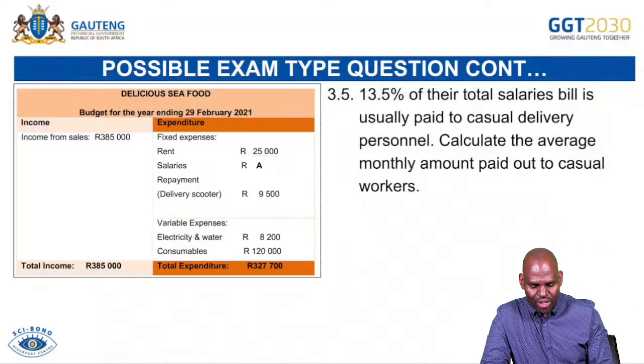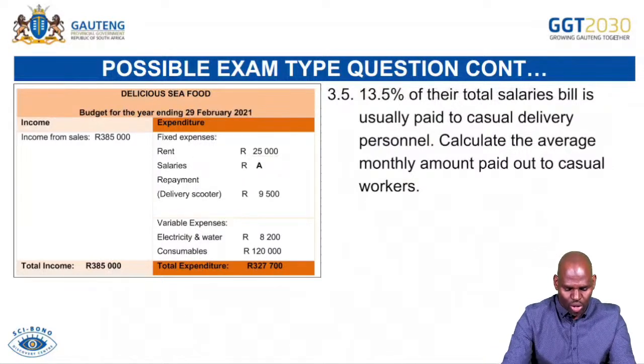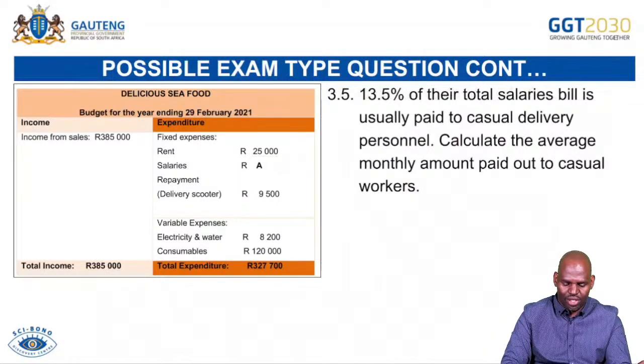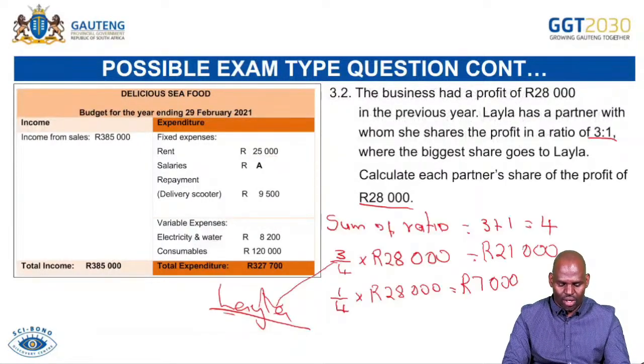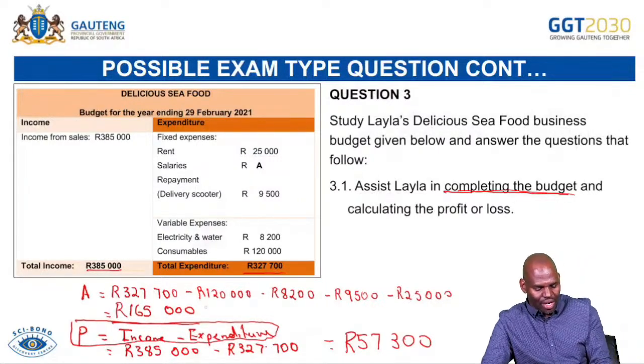So the salaries, we also calculated, that was the value of A. If I take you back to the value of A that we have already calculated, it was 165,000.